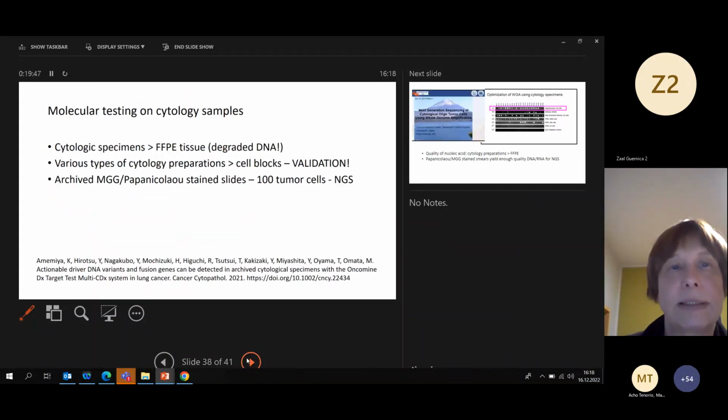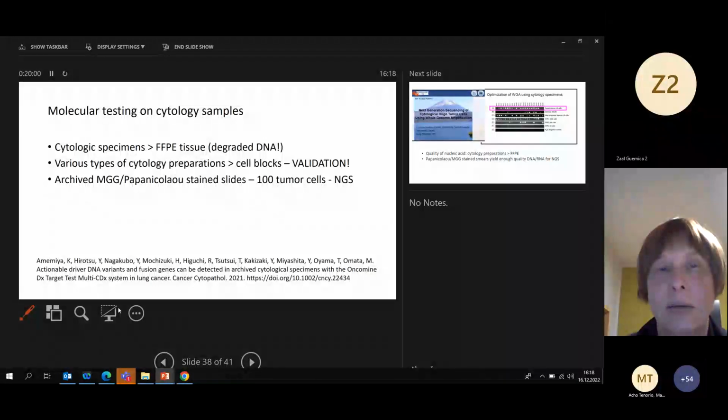So what about molecular testing on cytology samples? There are several reports already that cytologic specimens are even better than formalin-fixed paraffin-embedded tissue for molecular testing, because formalin causes degradation of DNA, and that various types of cytology preparations are better than cell blocks.